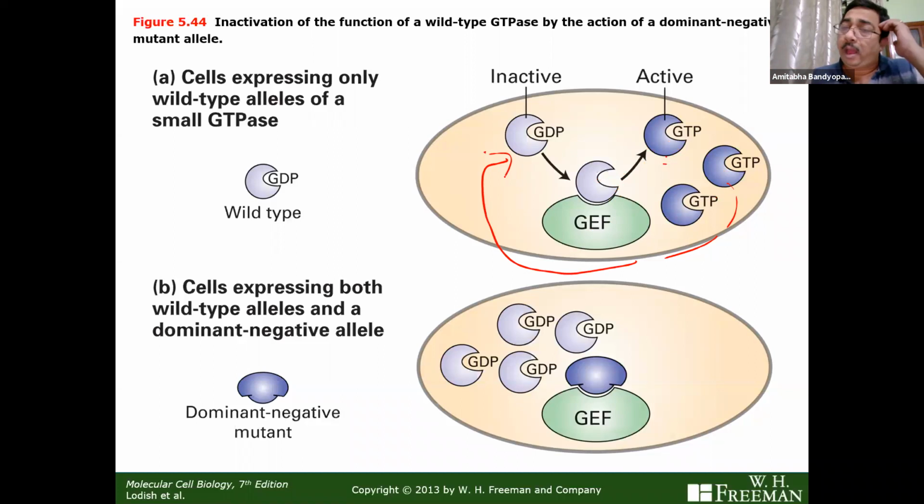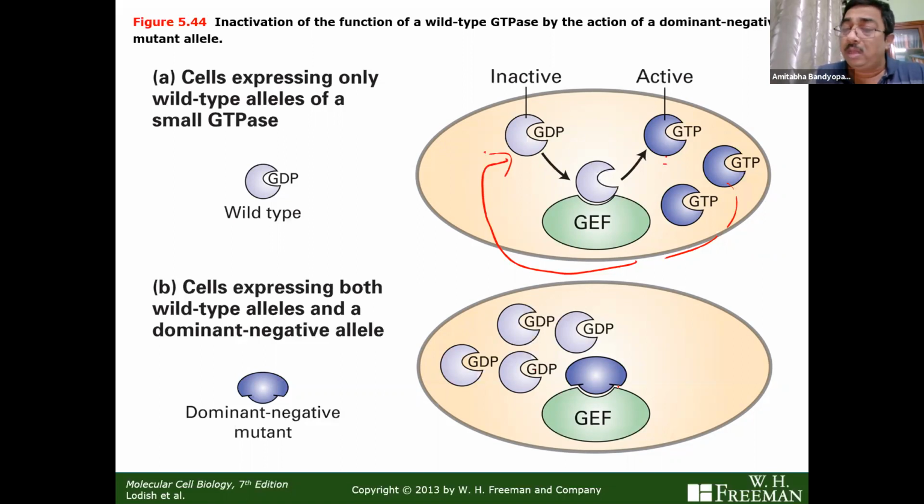Now, if you make a version of GTPase which is able to bind to GDP, but the GEF cannot do the exchange from GDP to GTP, then what will happen? This will remain stuck with GEF. So this is a dominant negative version of GTPase.